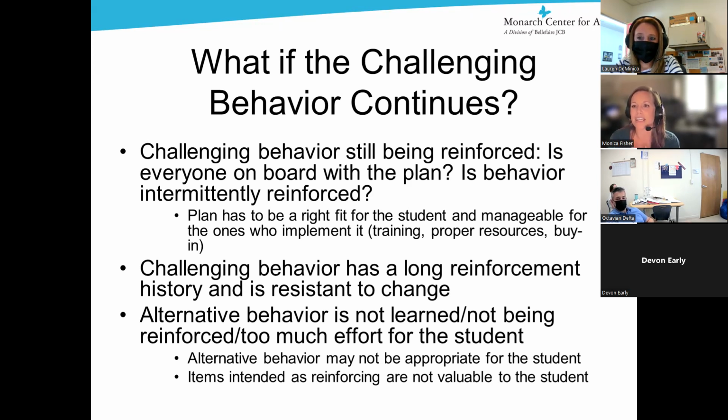How hard is it to change that behavior when you've been doing it for so long? It's extremely difficult. So we can't be super surprised when our kids' behavior doesn't change as rapidly as we'd like to see. Because I'm pretty sure that every single one of us on the Zoom right now has some sort of behavior that we would like to change about ourselves that is very hard to change.